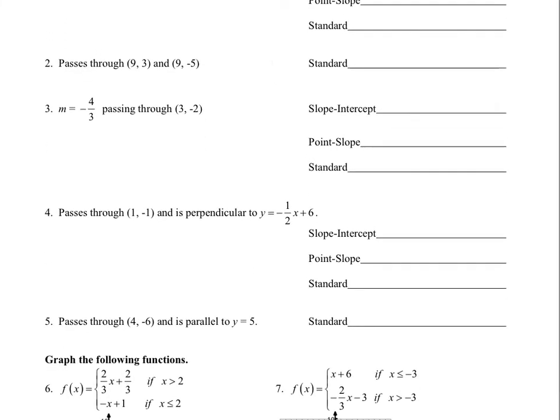So we have y minus y1 equals m times x minus x1. Now remember, with point-slope form, you need to simplify double negatives. So our answer is going to be y plus 2 equals negative 4/3 times x minus 3.